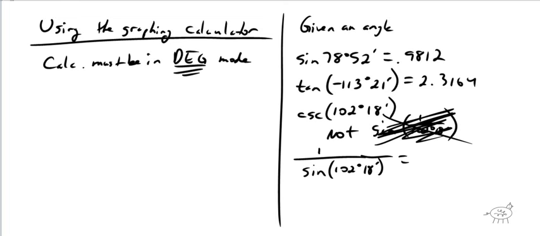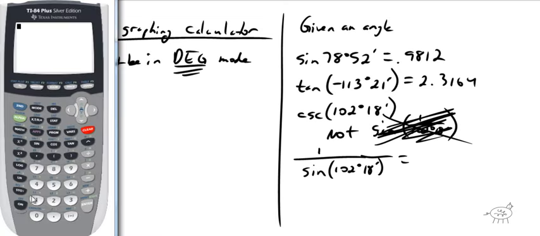Let's type that in our calculator. 1 divided by the sine of 102 degrees 18 minutes. Much more reasonable answer. So this one we got 1.0235.